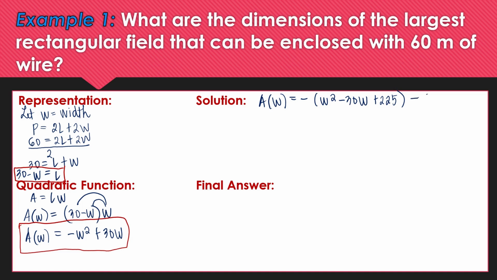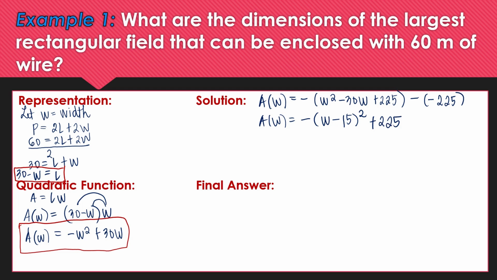So minus negative 225. A of W is equal to negative times the quantity W minus 15, squared. The square root of 225 is 15. This is the equivalent square of binomial of the perfect square trinomial W squared minus 30W plus 225. And outside the parentheses, minus negative 225 became plus 225.